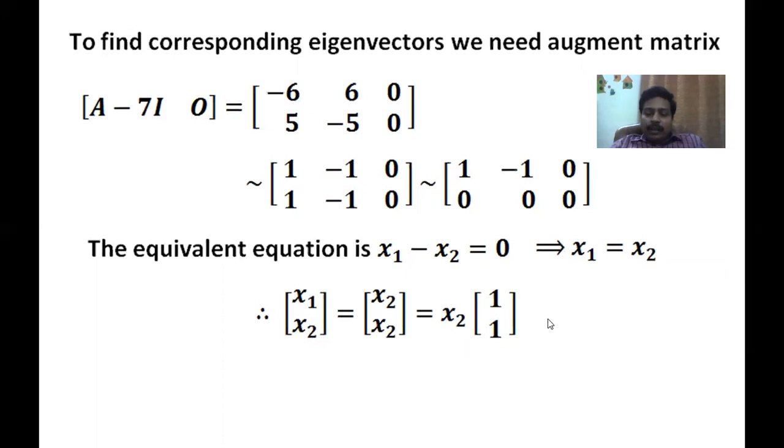So any vector of this form is a scalar multiple c(1, 1), where x2 or c is a real number. These vectors will be the eigenvectors, and all such vectors are called the eigenspace.